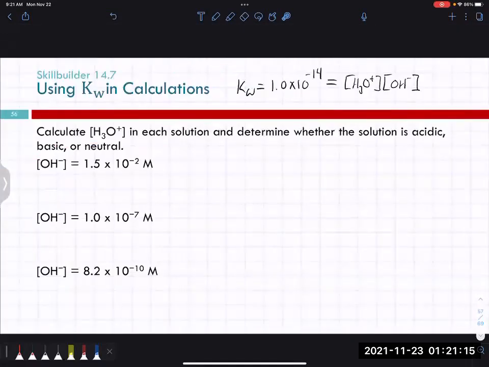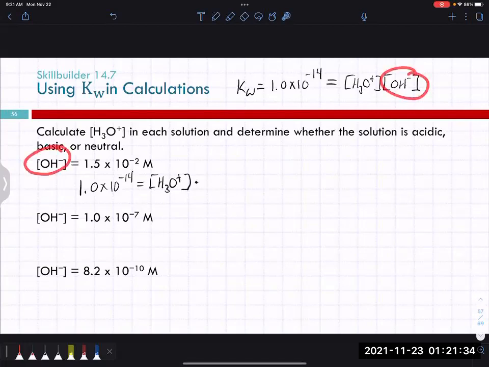But we want to calculate our hydronium concentrations. So 1.0 times 10 to the negative 14 equals the hydronium concentration that we want, although the order of these doesn't matter, times hydroxide concentration, so 1.5 times 10 to the negative 2.